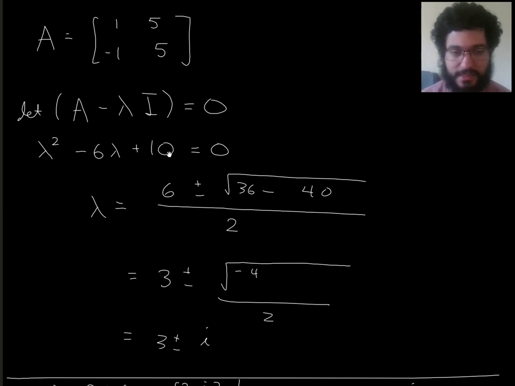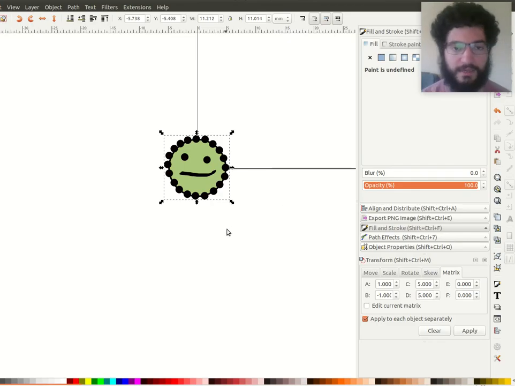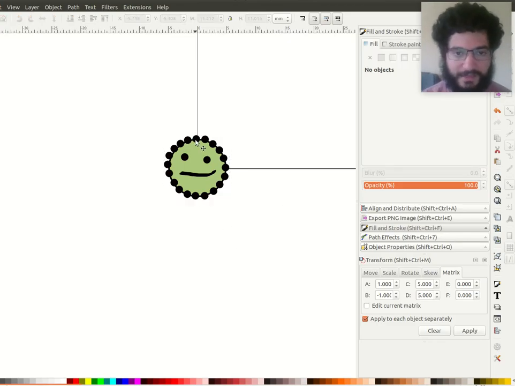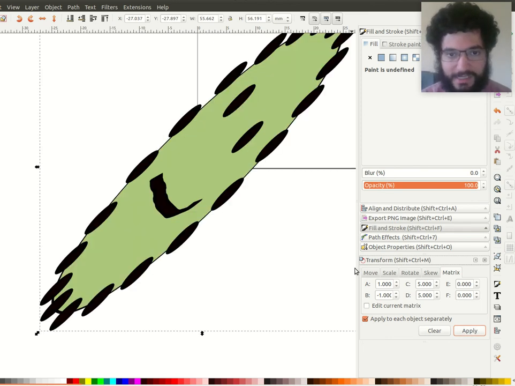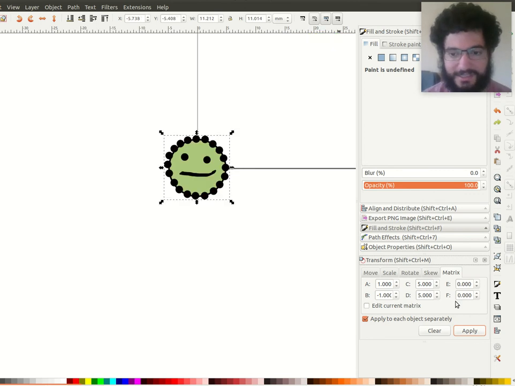There's no solution to this, so this has no eigenvalues. I've put many eyeballs on the boundary of this smiley face, and you can interpret this as saying that when you apply this transformation, none of these eyeballs just gets scaled out from the origin. Everybody gets rotated to some extent and changes its direction.